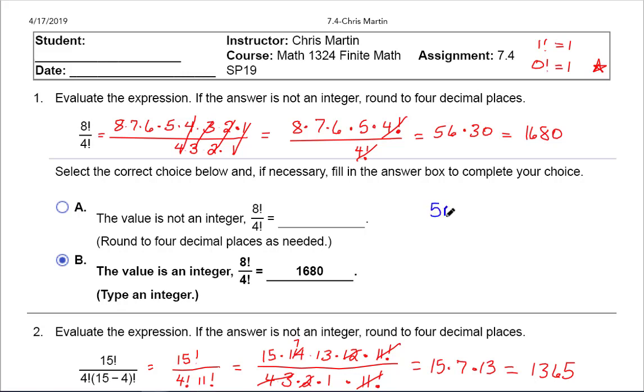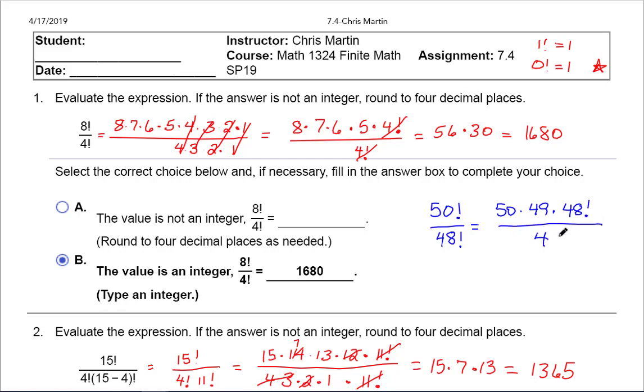For example, what if I had 50 factorial over 48 factorial? Well, I don't want to have 50 times 49 times 48 times 47 and list all this out for all 50 items when I can just do 50 times 49 times, and then I know it's going to be 48 and everything under it.